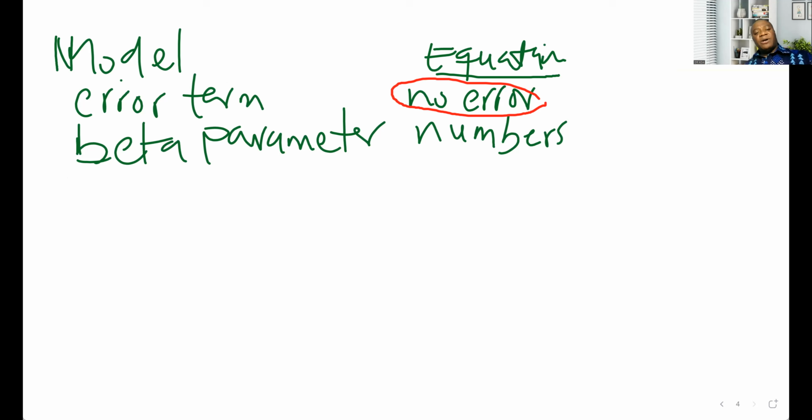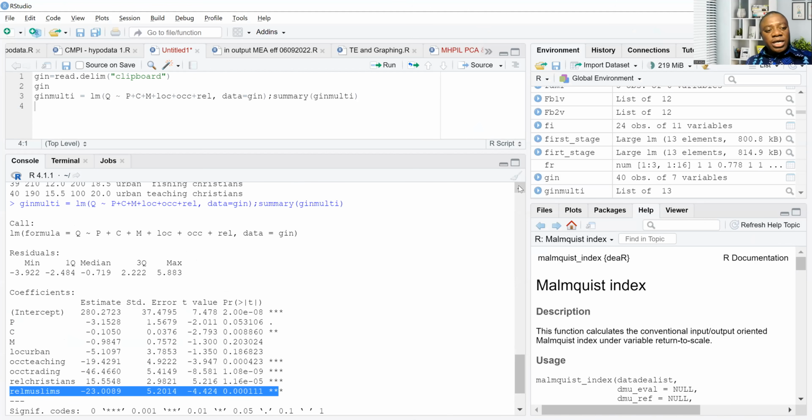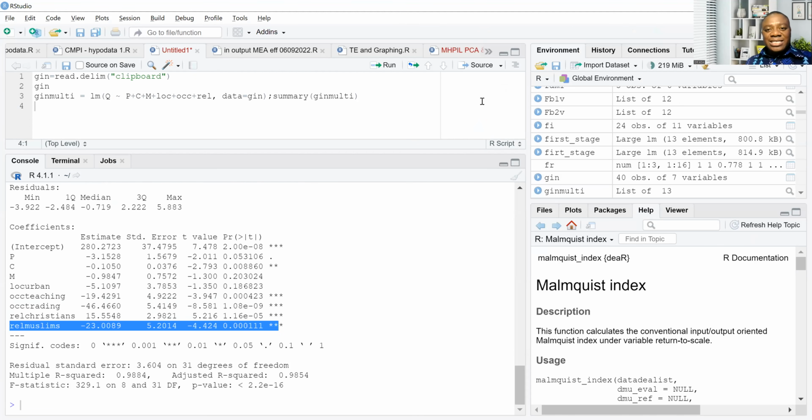So let's go to the R regression output. When you go to the output of the regression model, there is a section known as estimate. That estimate column is referring to the coefficients.